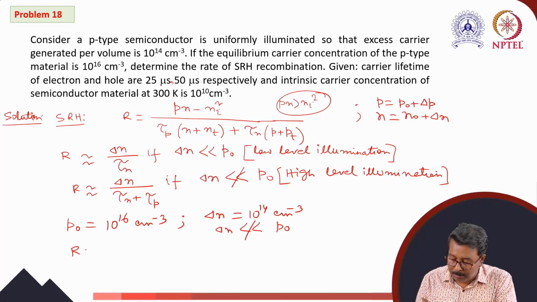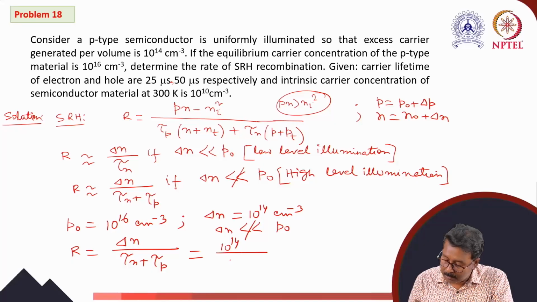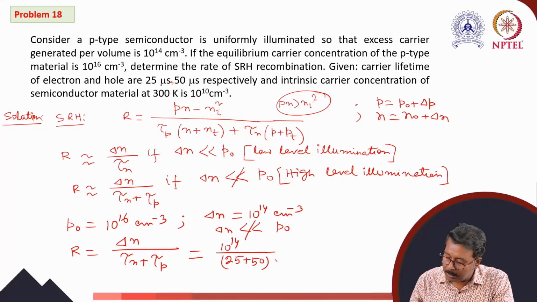So R will be delta n by tau n plus tau p, equal to 10 to the power 14 divided by 25 plus 50, into 10 to the power minus 6 seconds.